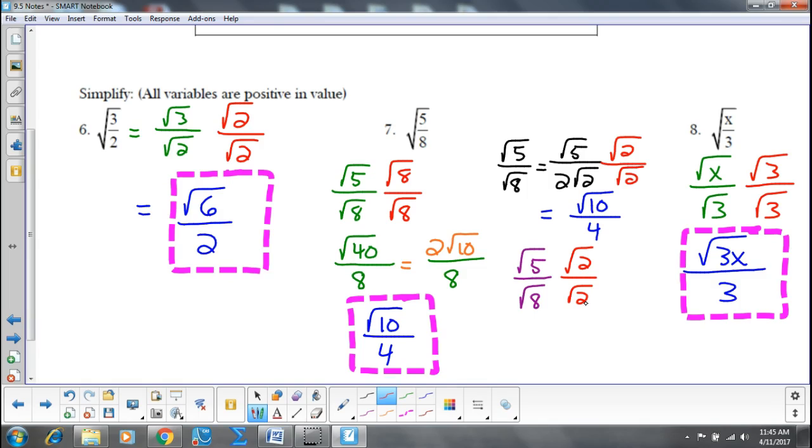Square root of 16, which is 4. So this becomes the square root of 10 over 4 right away. Okay? Because the next perfect square that 8 goes into is 16. Alright?